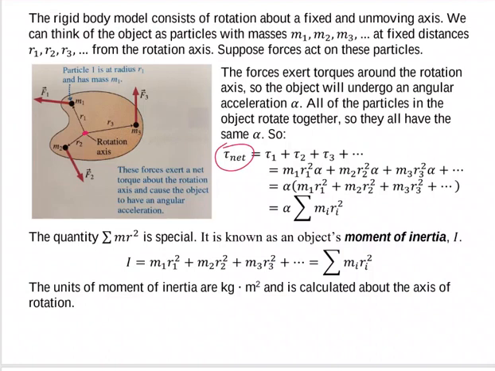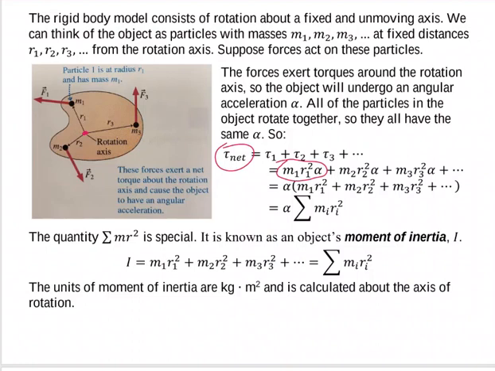We know that each torque can be found by doing m times r squared times alpha. So we turn each torque into m1 times r1 squared times alpha, plus m2 times r2 squared times alpha, plus m3 times and so on.